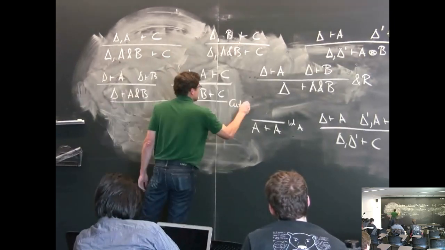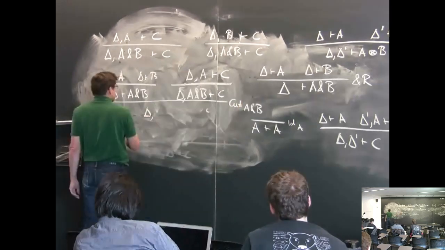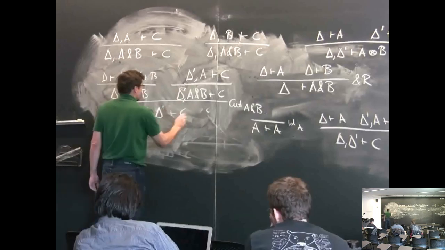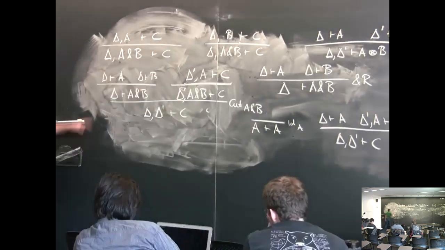Then I had the cut at type A with B, and then I get delta and delta prime together, I can get C. So how would I be able to reduce this to a cut at a smaller proposition?